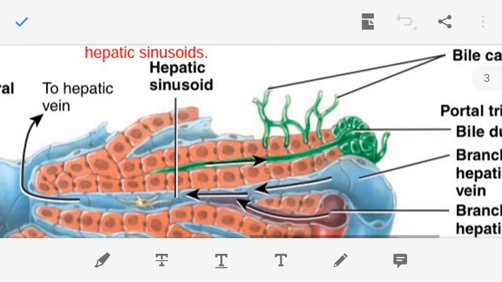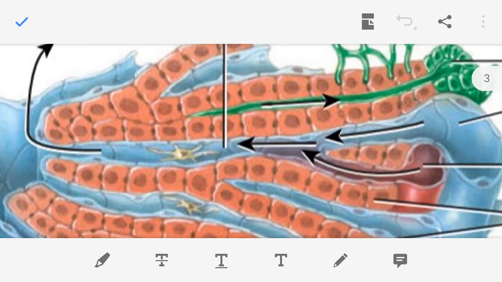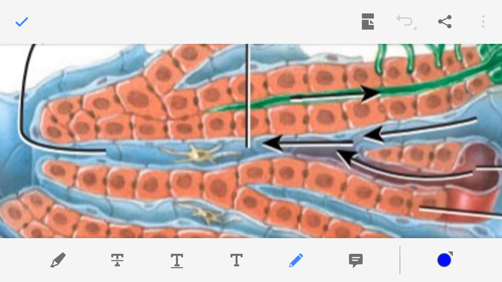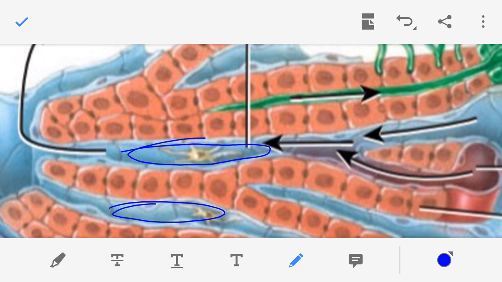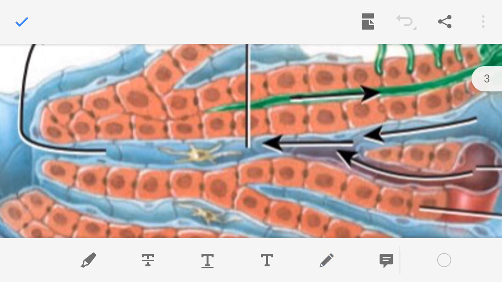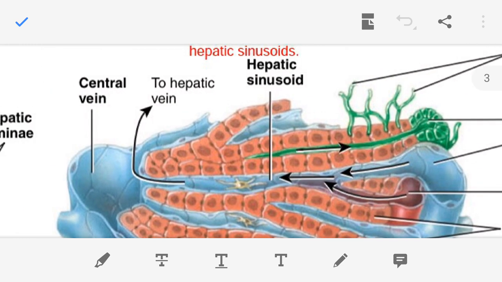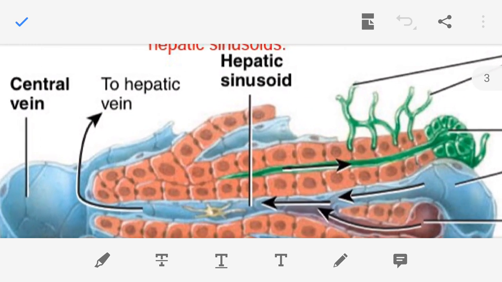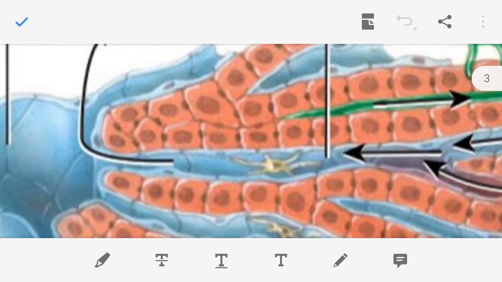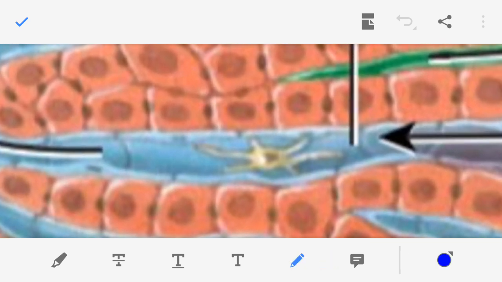So here, these are the spaces, these are the spaces, and if you observe carefully and closely, then you will find the endothelial cells.